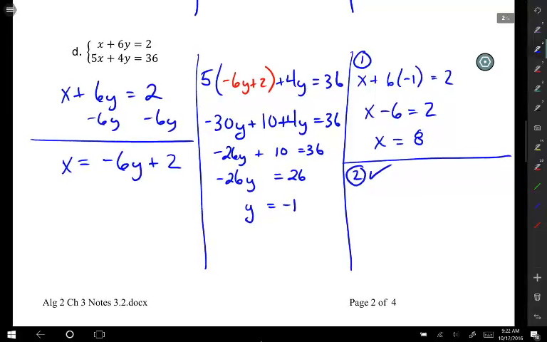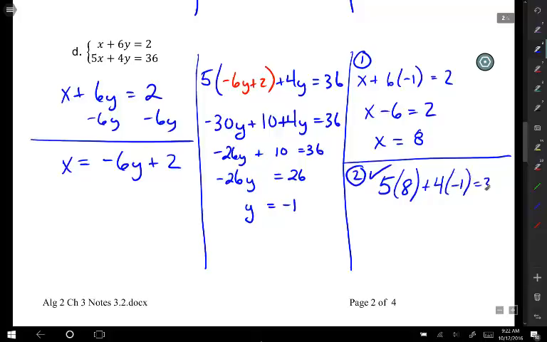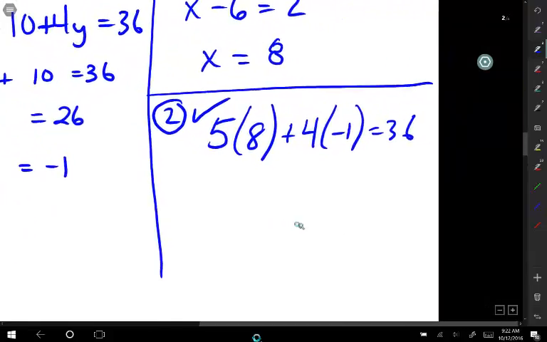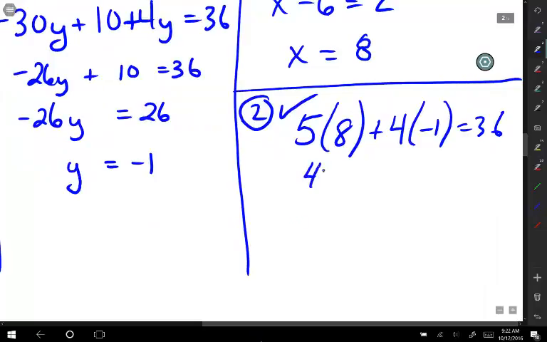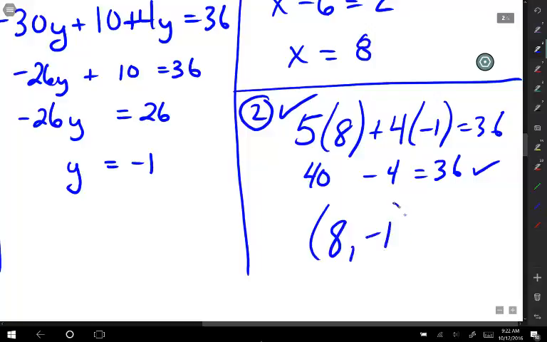So let's look at our second equation, which is 5x, so 5 times 8, plus 4 times -1 equals 36. What's 5 times 8? 40 minus 4. Does that equal 36? Yes. It does. So my answer is 8, comma, -1.